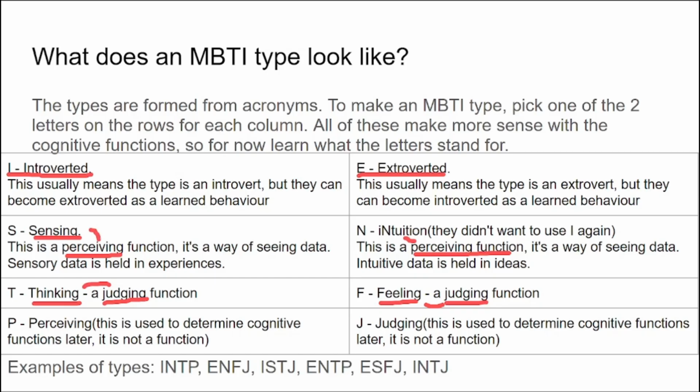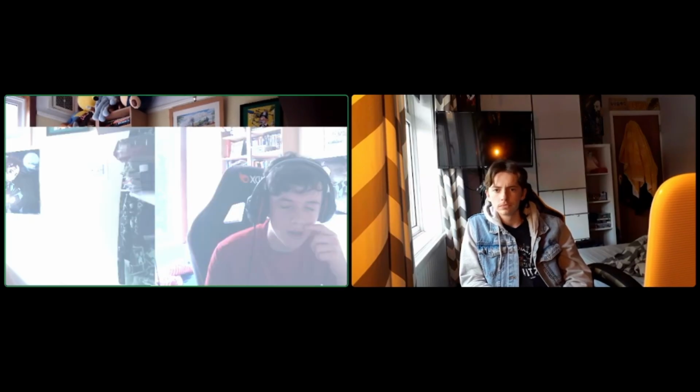I saw the poster, and then let's say I used feeling, which is a judging function, to judge the poster. I'd think about how that poster makes people feel. Like, if people like it, if they dislike it, if I like it, if I dislike it, that kind of thing. Thinking is more objective.